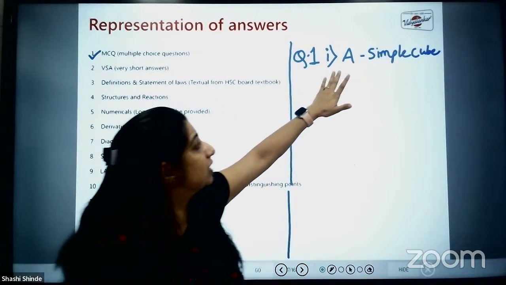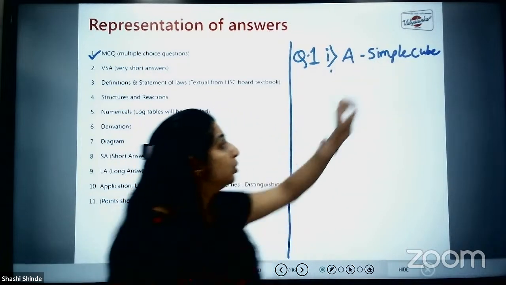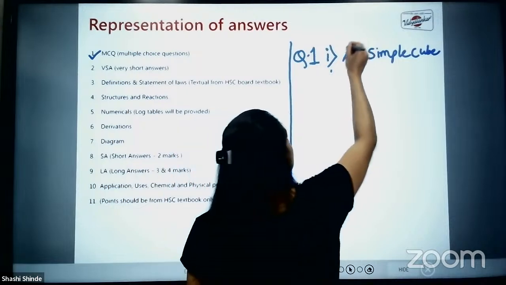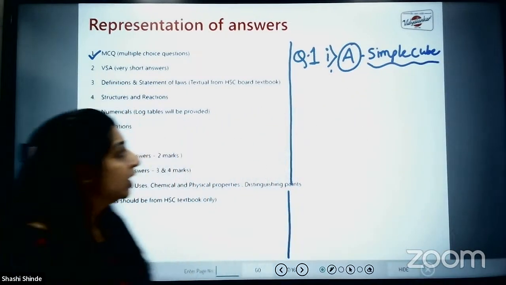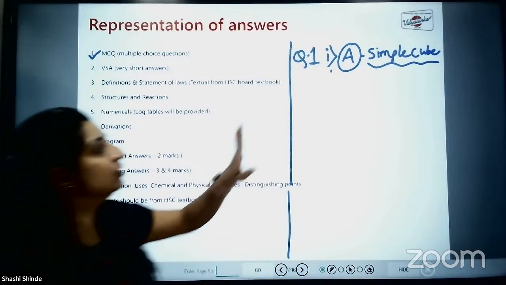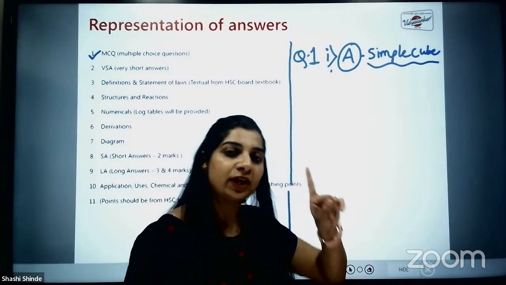So you have to select a proper option and then you have to write the answer. So you have to mention the option as well as the answer. Fine. Now, if you are writing the correct option with the correct answer, then only you will get 1 mark.